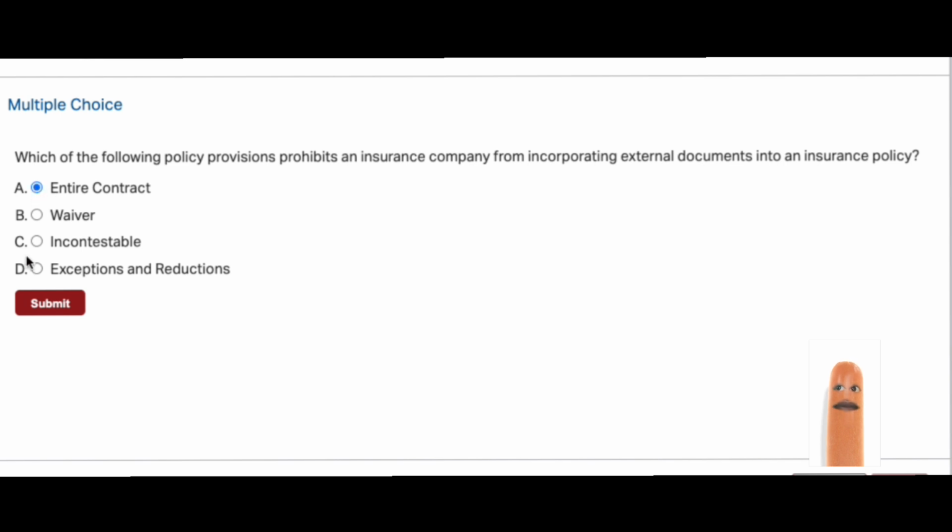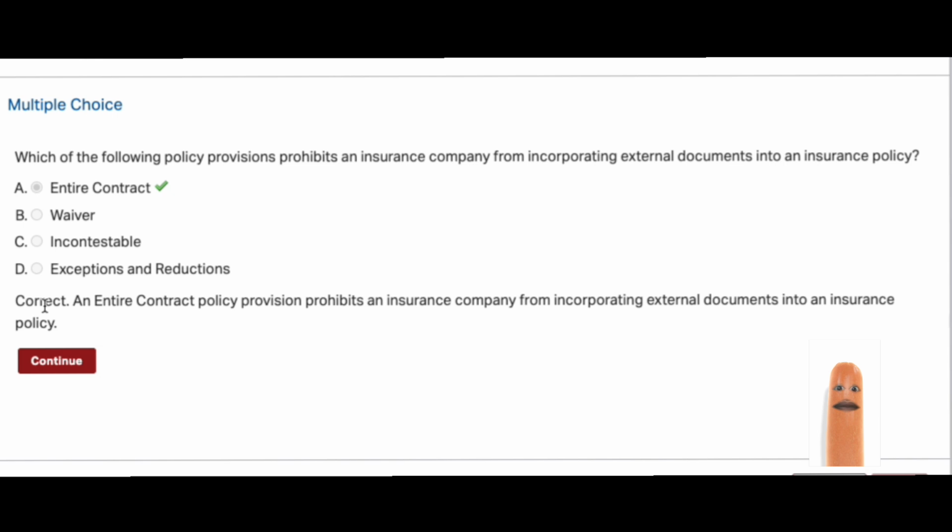I'm going with A, Bob, entire contract, for 33 points. Ding! Correct. Boy, I'm on the road today. Yep, an entire contract. The entire contract policy provision prohibits an insurance company from incorporating external documents into an insurance policy. Yes. Okay.